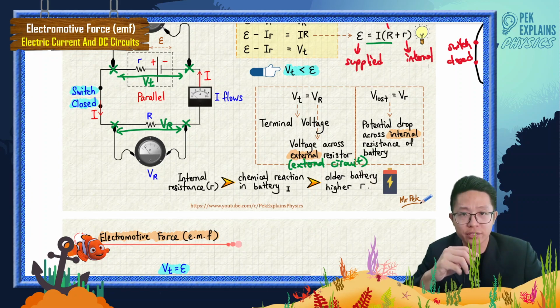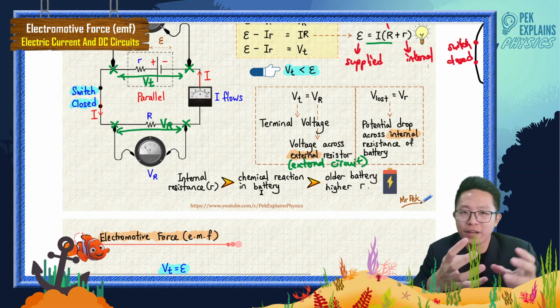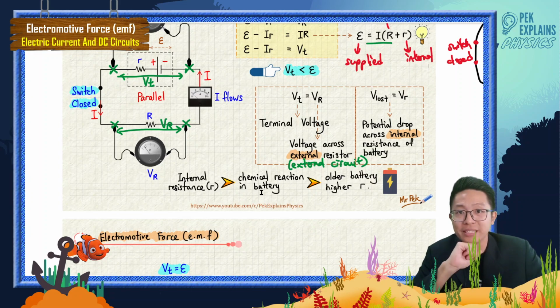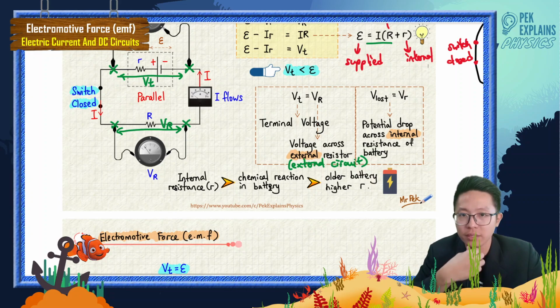Those are chemical reactions. One ionizes, one gathers and becomes solid again. So when you use the battery for a long time, you will find that the battery gets hotter and hotter. That is energy lost as heat due to the chemical reaction inside the battery. That is the internal resistance.